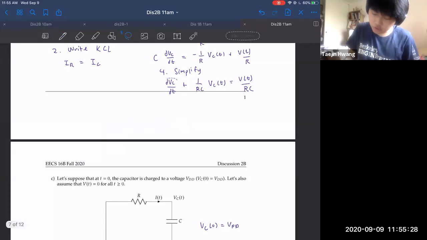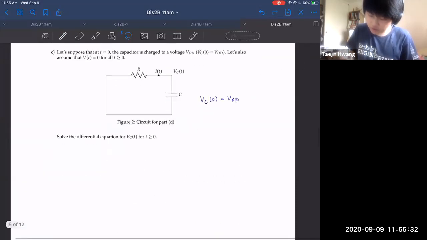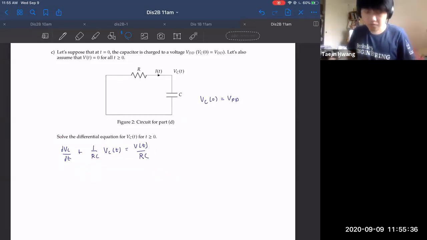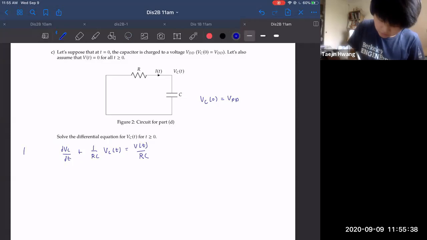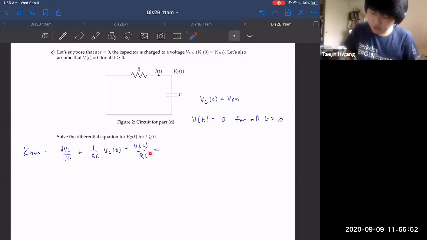So first step, let's just take what we have. We already know this fact over here. And we're also given the fact that V of t is equal to 0 for all t greater than or equal to 0. So really, we can simplify the right-hand side over here to 0.